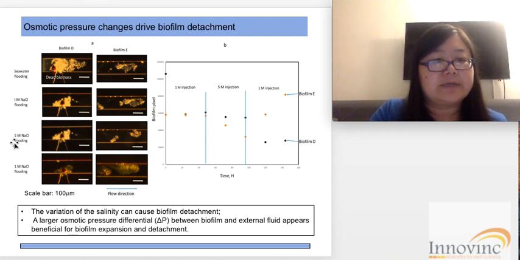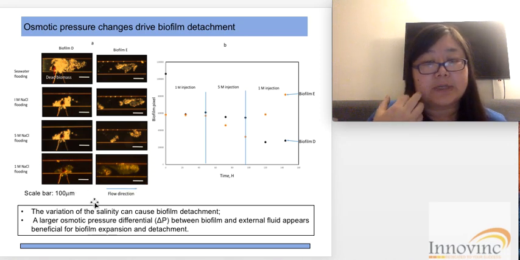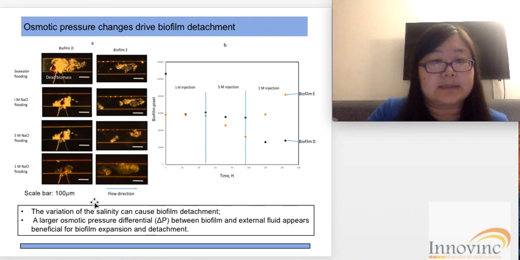And then we increased the salinity to 5 molar. You can see both biofilms compacted and shrank to a smaller size. Then we decreased the salinity to 1 molar, and a lot of detachment happened in biofilm D, and biofilm E expanded to a larger size.